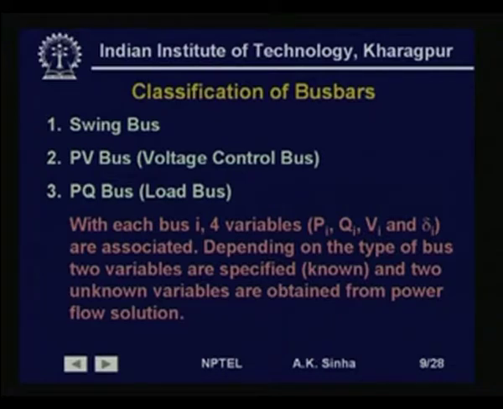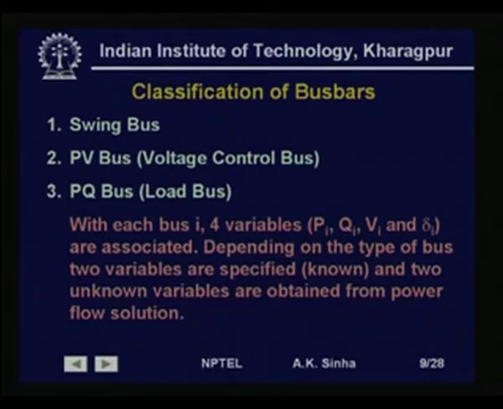So, we specify the real power, and since most generator buses also have a voltage regulator, the voltage at the terminal can be fixed, because the regulator will automatically adjust it to that voltage. So, we have a voltage specified at these buses, and these buses are called PV buses.